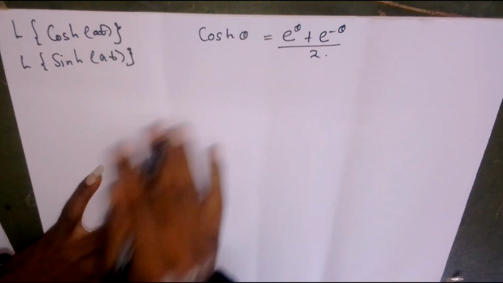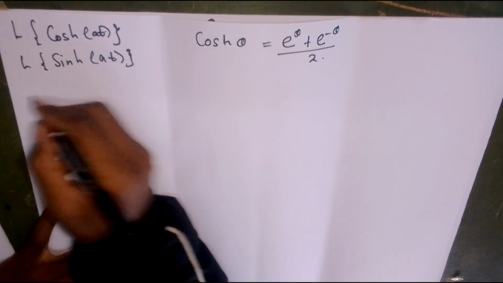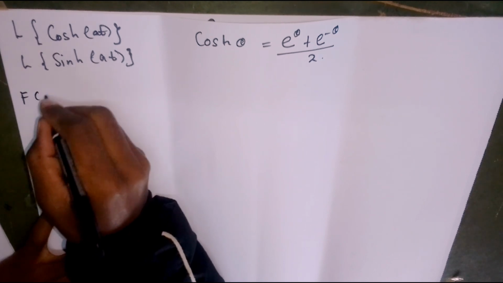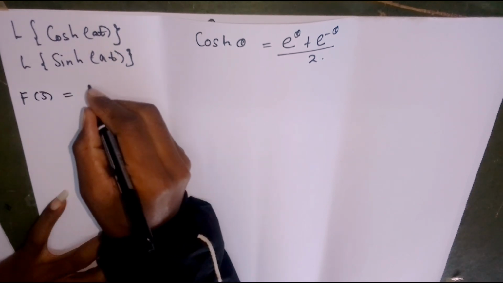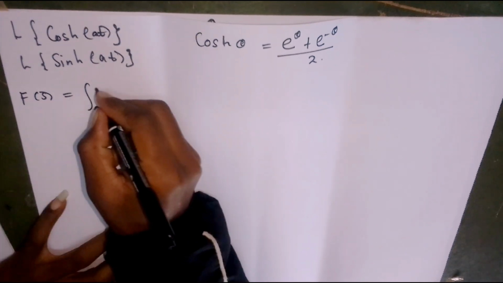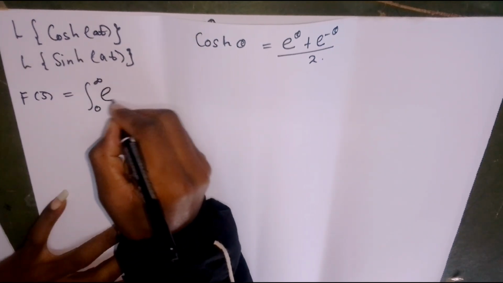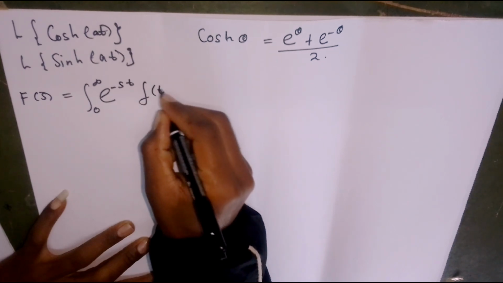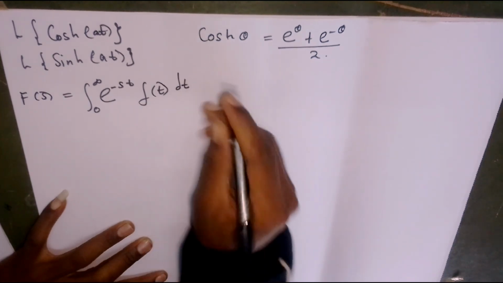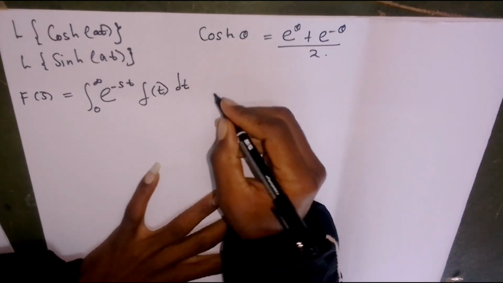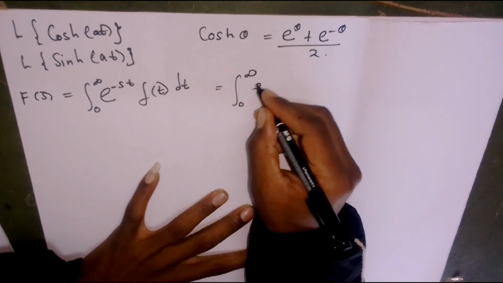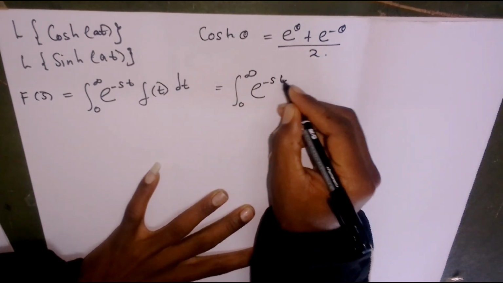So here we are going to transform, and then we are going to use our Laplace transform, which is F of s is equal to the integral from 0 up to infinity of e to the power negative s t f of t dt. So here we're going to say the integral from 0 up to infinity of e to the power negative st.